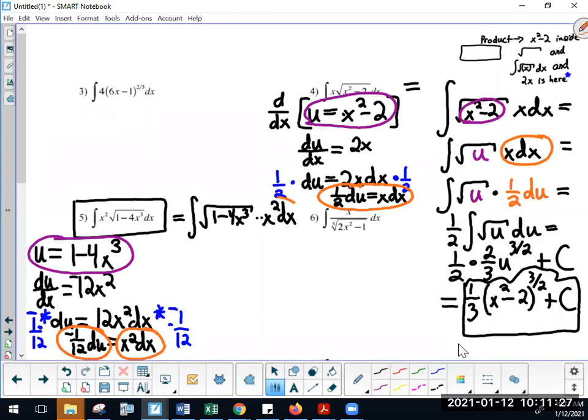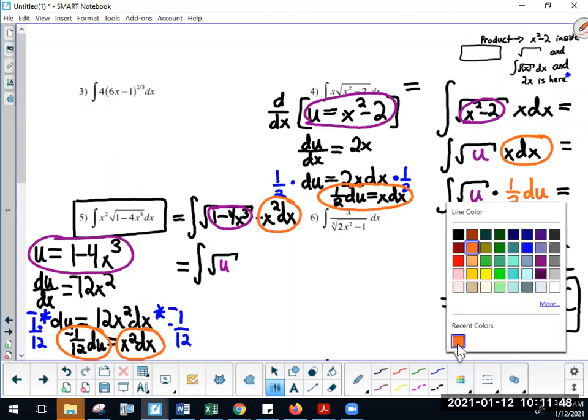So we've got x squared dx right here and a u right in here. So we make our two substitutions. In case you're curious right now, is it always two substitutions? No, it's not always, but mostly it is two substitutions.